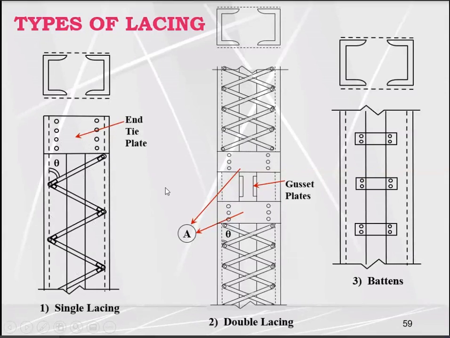We already used this concept in design of the built-up section with stay plates. So A over Ri, which is the slenderness ratio of the single section within the unconnected portion, should be less than or equal to 75% of the slenderness ratio of the composite section. So we will use the same guideline here.